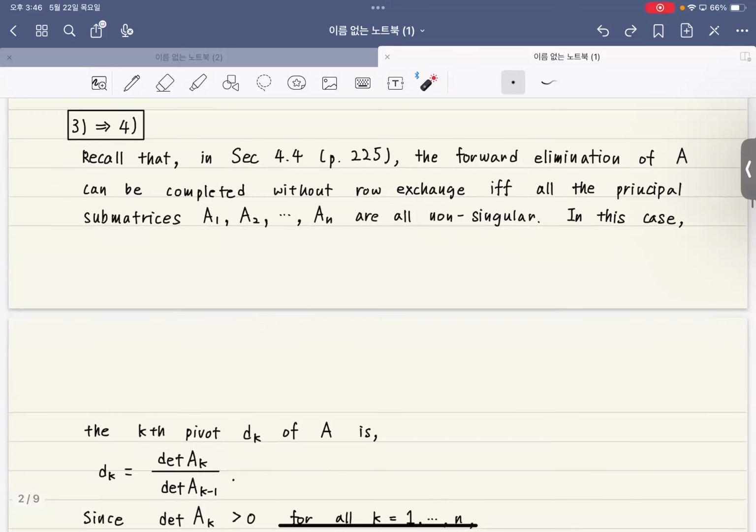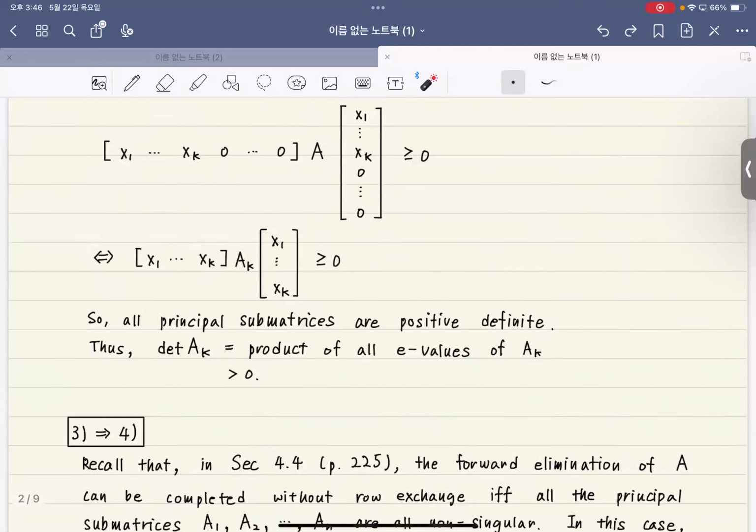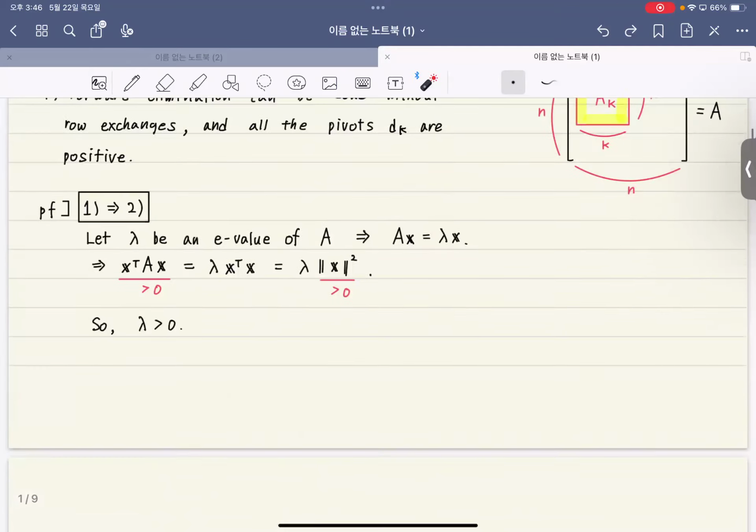And in this case, if these matrices are all non-singular, then the K-th pivot dk is the determinant of AK divided by the determinant of AK minus 1. So that is what we got in the previous section. And the assumption from number 3 tells us the principal submatrices have all positive determinants.